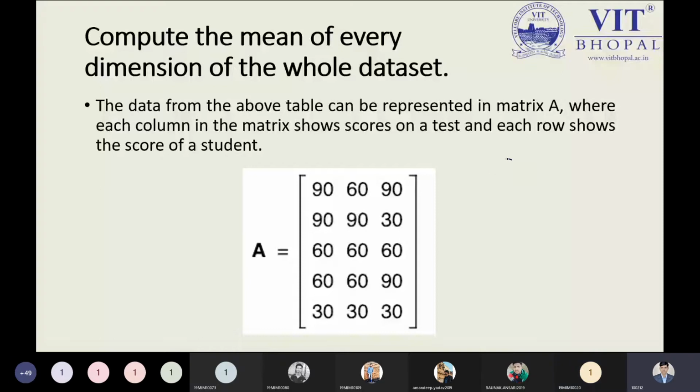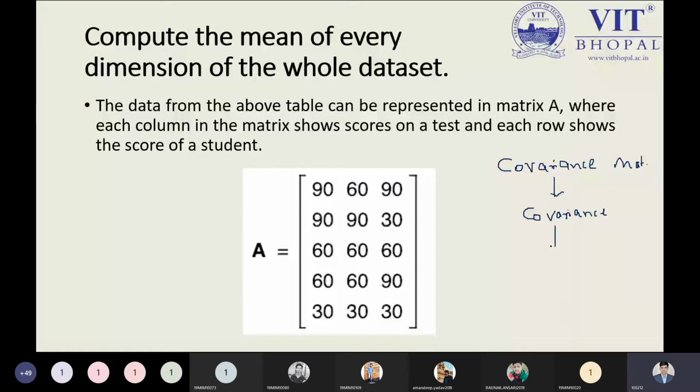We need to calculate the covariance matrix. I'm writing covariance matrix here. And for doing this, what must we have? We must have the covariance. Am I right? Mathematically, I'm speaking here for betterment. Covariance is required.